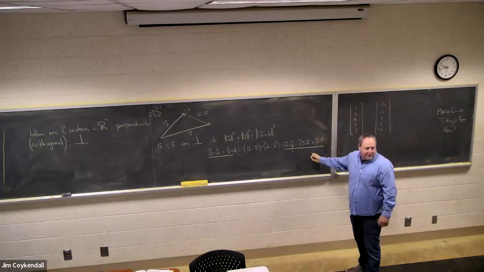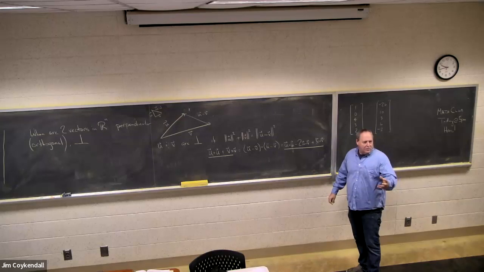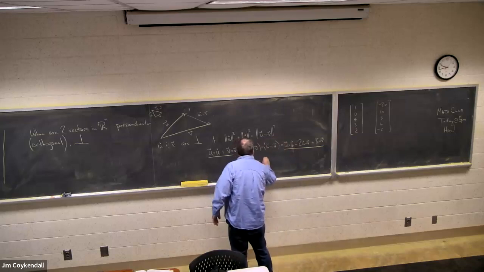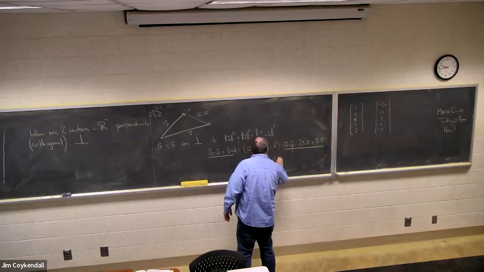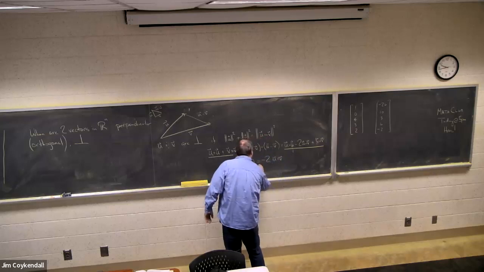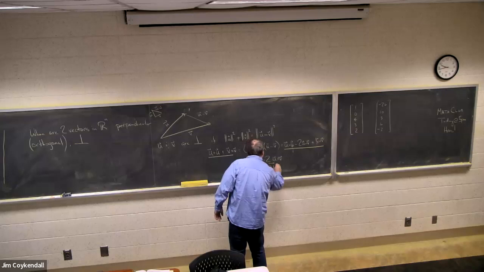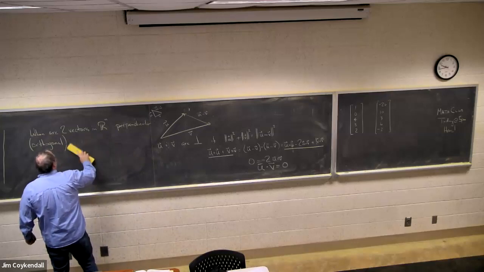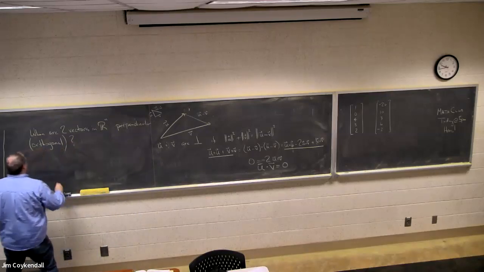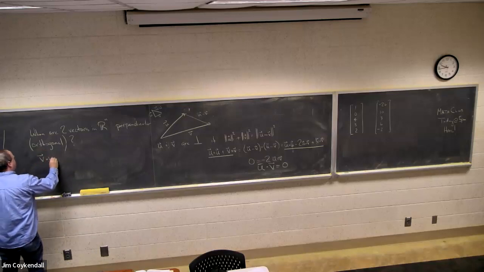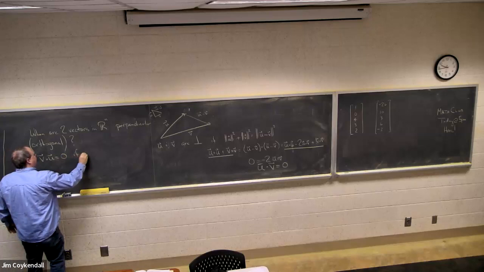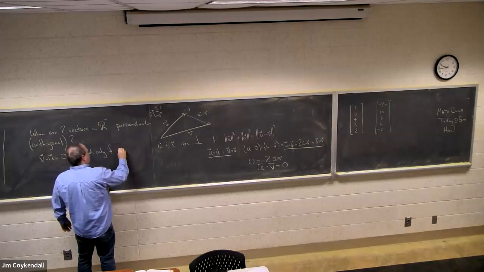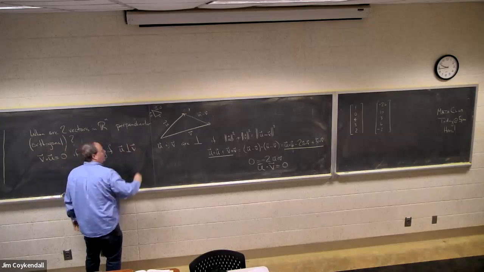And notice there's a lot of similar stuff on both sides, right? The u dot u, v dot v drop out. Everybody agree with that? So I get 0 is minus 2 u dot v, or u dot v equals 0. And in fact, it's an if and only if. v dot u equals 0 if and only if u and v are orthogonal.